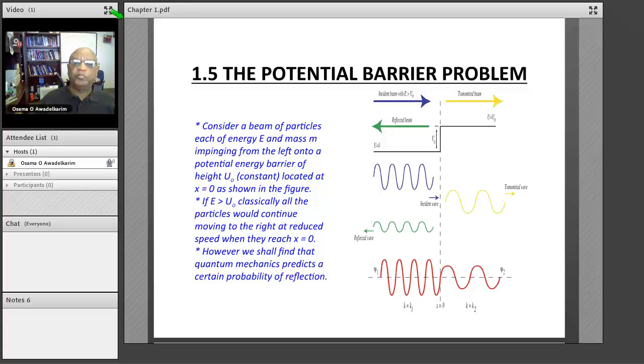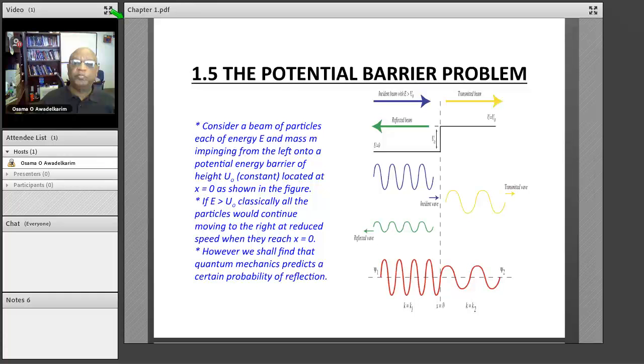That is classical. However, we will see unexpectedly that quantum mechanics predicts that some of the particles are reflected. So there is a non-zero probability that some of these particles will be reflected even though they have enough energy to surmount the barrier at x equals 0.